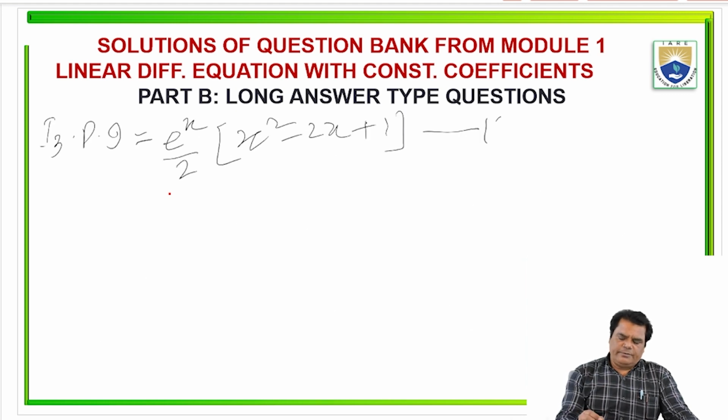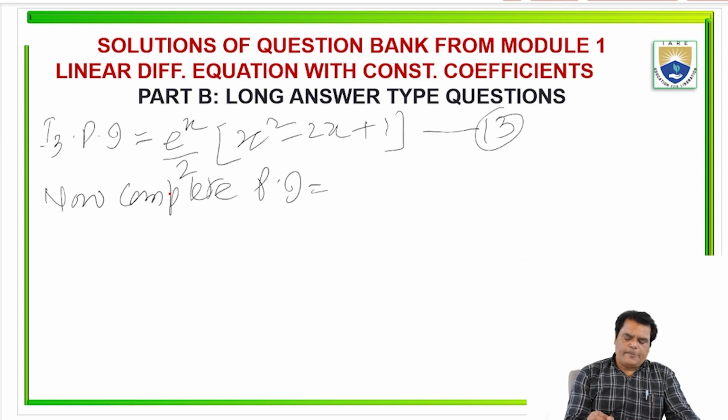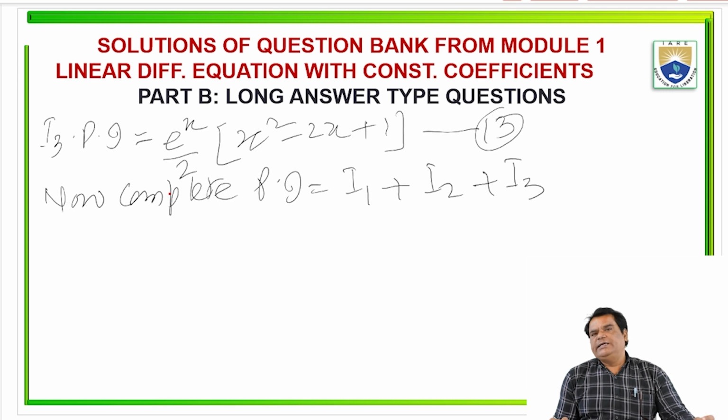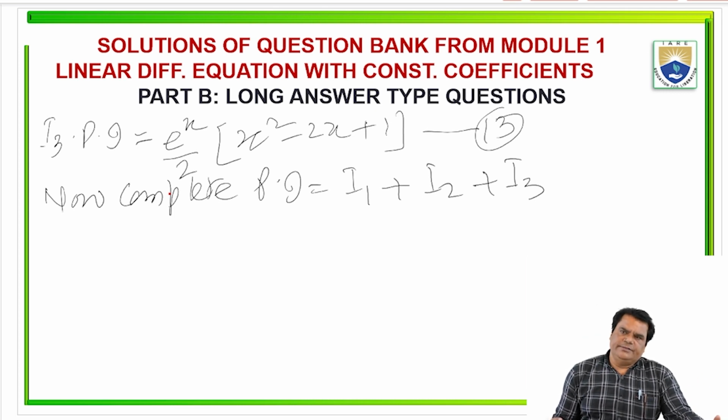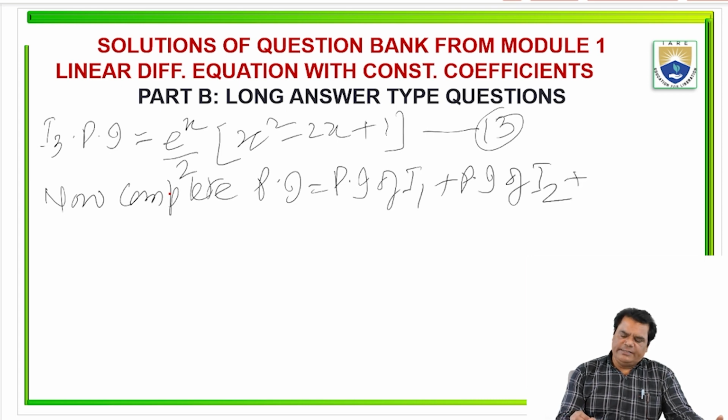This is 13. Now complete PI equals PI of I1 plus PI of I2 plus PI of I3.